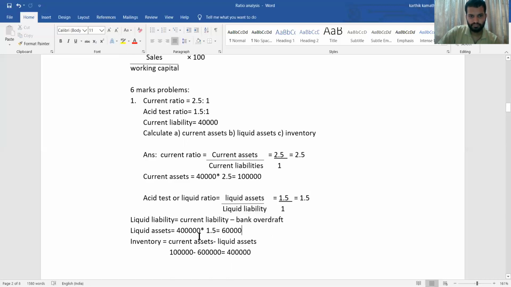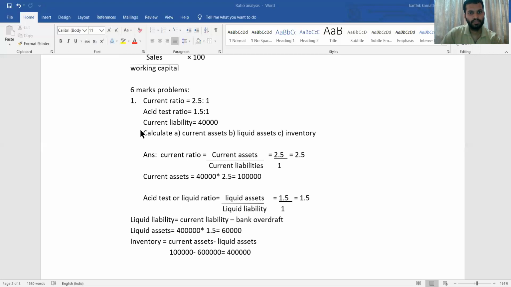So if you do cross multiplication here, you will get the answer. Once you calculate, that is 4 lakh into 1.5, just let us check here. 4 lakh into 1.5, okay, that is 6 lakh.